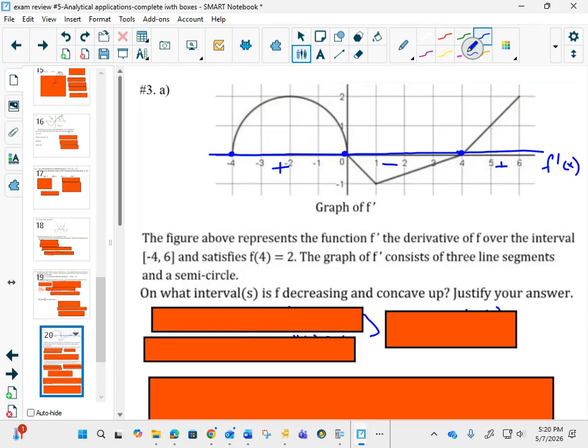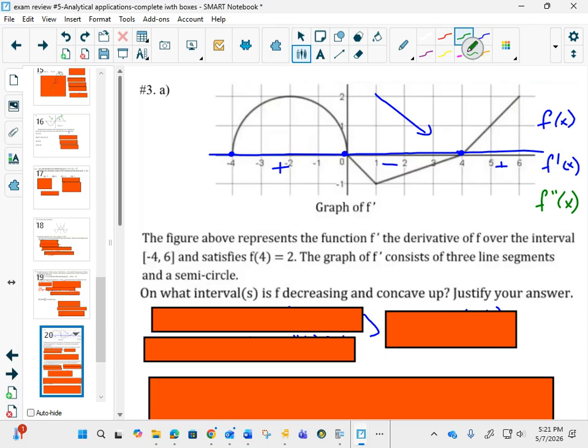On what intervals is f decreasing and concave up? I know that from 0 to 4, it's decreasing, right? There's probably like 1 to 4. But then if I look at f double prime of x here, f double prime of x would say where f of x is increasing and decreasing.